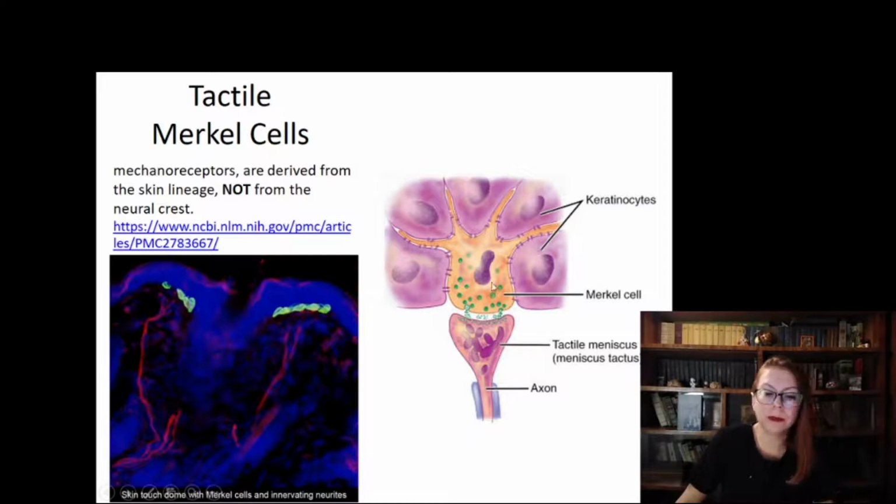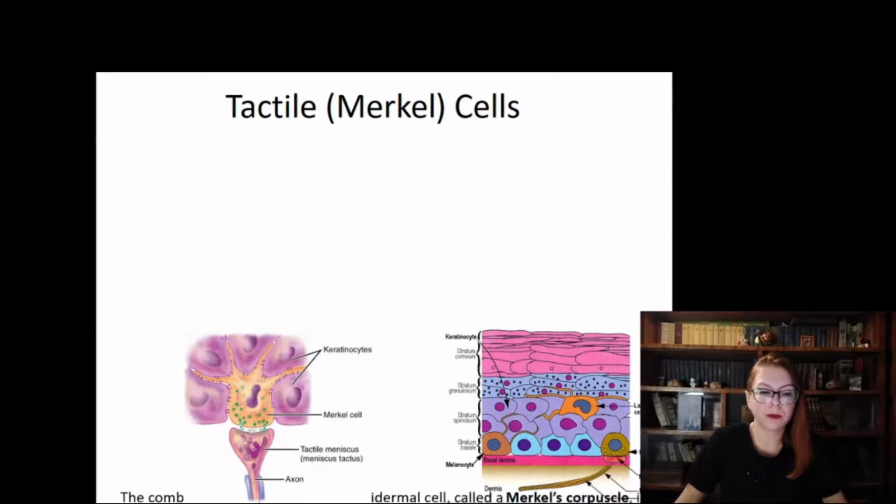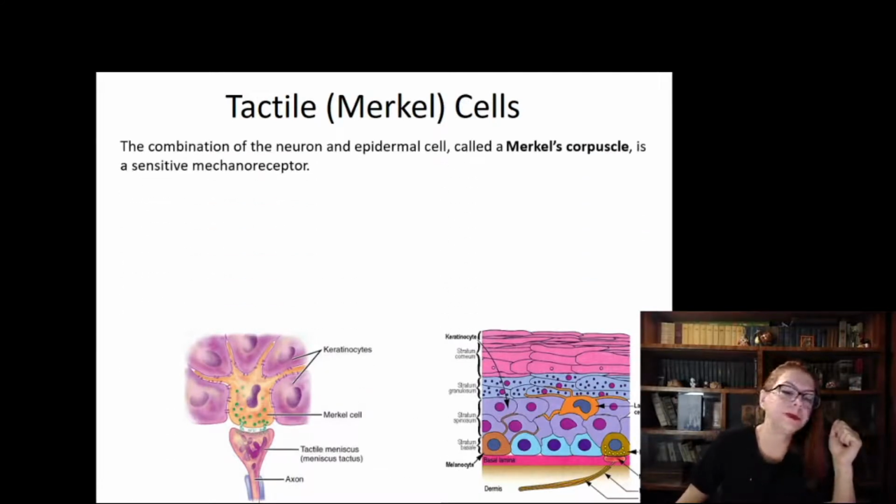So those cells are used as mechanoreceptors, as they have a synaptic contact at their base, and what is written here? The combination of the synapse and the Merkel cell is called Merkel's corpuscle, and it is a sensitive mechanoreceptor.